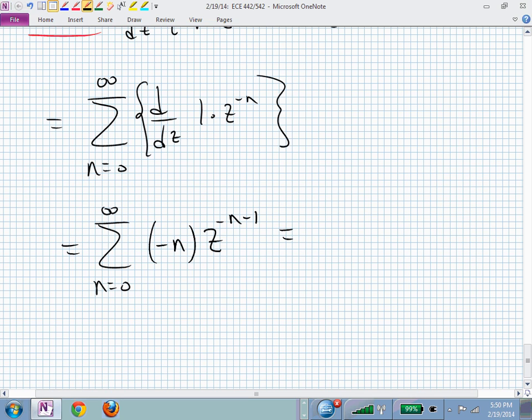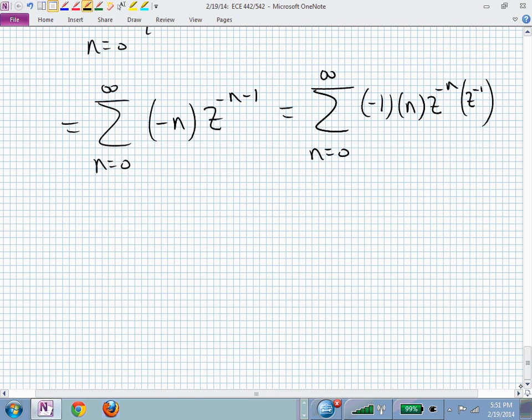We can create something that looks a little bit cleaner if we start combining and uncombining different pieces. Let me separate that z to the minus n minus 1 into 2 pieces. The far right piece, z to the minus 1, is not a function of little n, so I can pull that out of the summation.